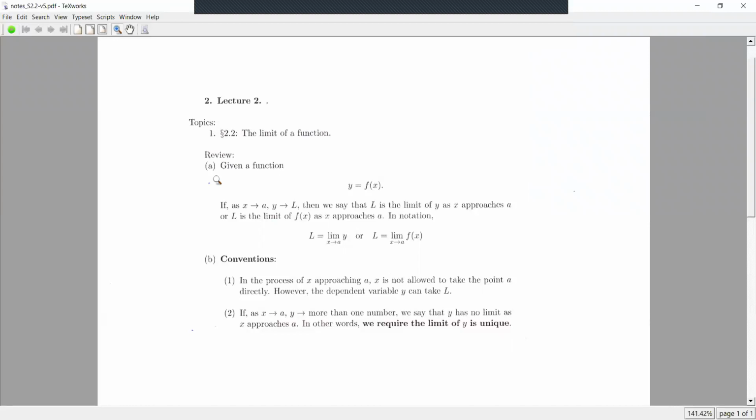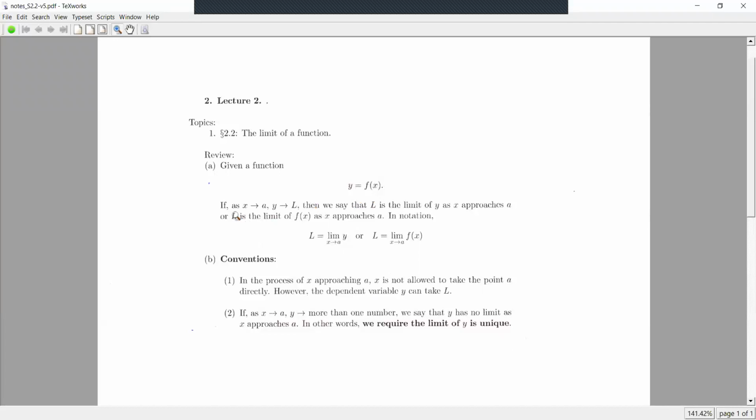Review number 1. Consider a function. In this function, x is the independent variable. x can freely assume values. The variable y is called the dependent variable. The value of y depends on the value of x through this equation.